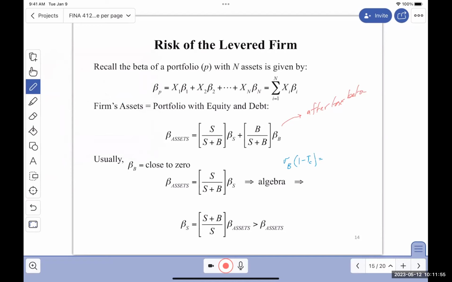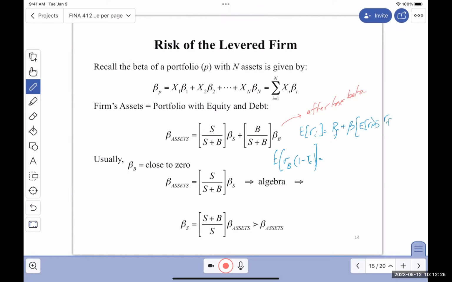So let's remember the CAPM. I'm going to just do it like that. So the CAPM is the expected return to i equals RF plus beta times the market risk premium, right?